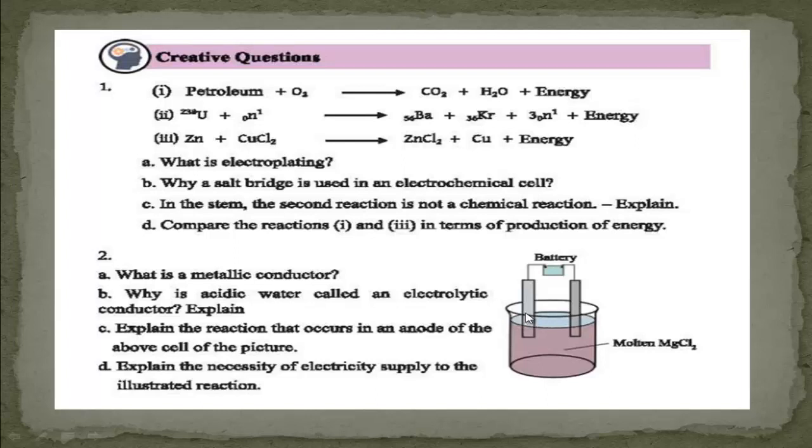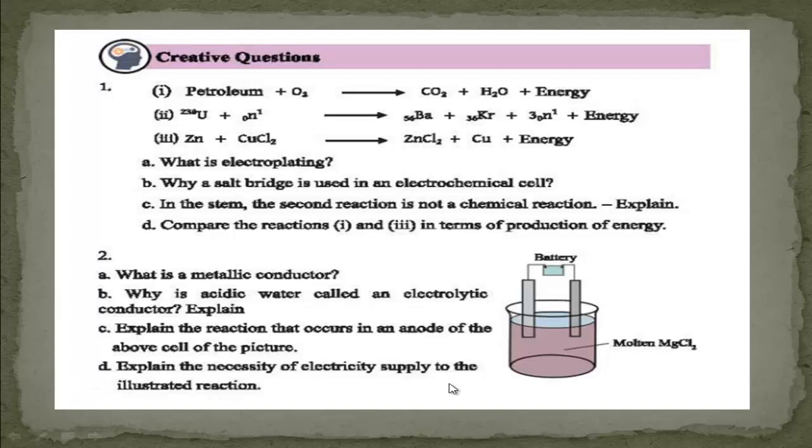So what will the anode reaction be? A chloride ion releases one electron and is converted into a chlorine atom, and then 2 chlorine atoms combine together and form chlorine gas. It will be the anode reaction.